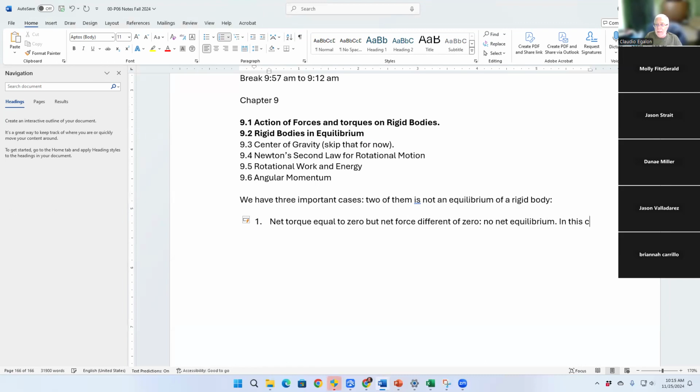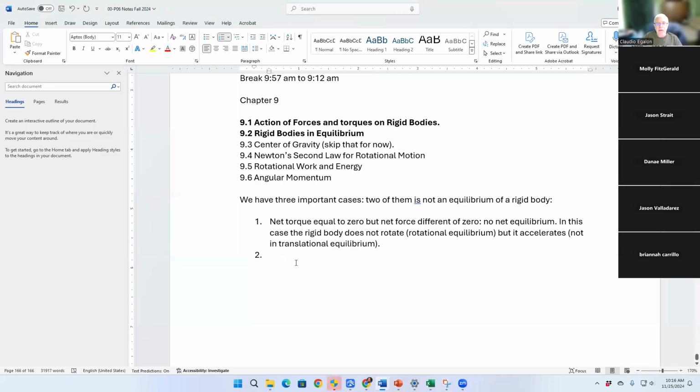In this case, the rigid body does not rotate. It is in rotational equilibrium. But it accelerates, so it's not in translational equilibrium. Okay? Another student coming in.